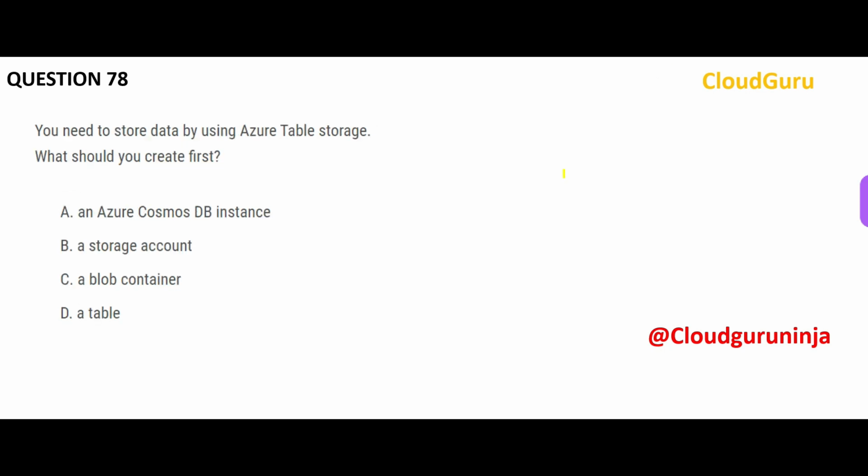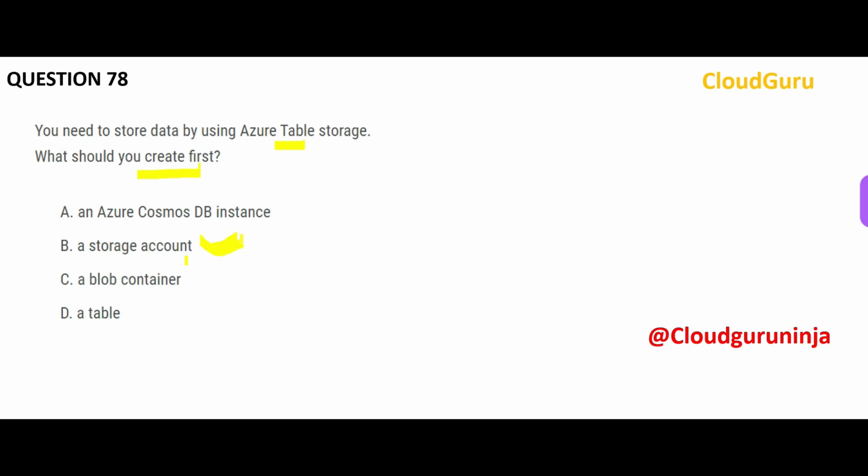Now let us look at the next question. It says you need to store data in Azure table storage. Table storage, we all know, is NoSQL storage. So it is asking what you would want to create first. We always create a storage account first. That is the thumb rule. In any cloud world you first have to create an account.